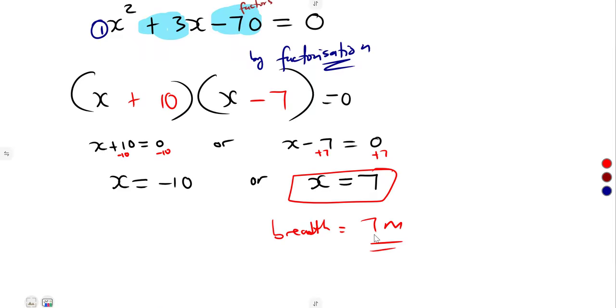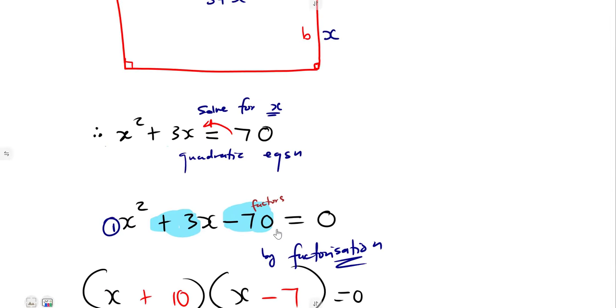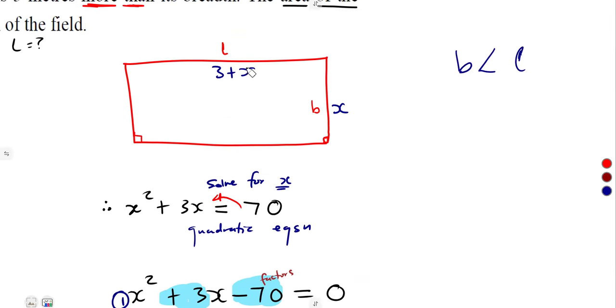What about the length? If the breadth is 7, what about the length? Let me take it from here so that you also understand. Ignore this one. Length is equal to 3 plus x. Remember, the question is about the length, and it is 3 plus x.